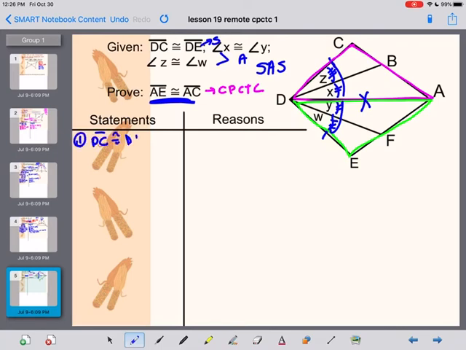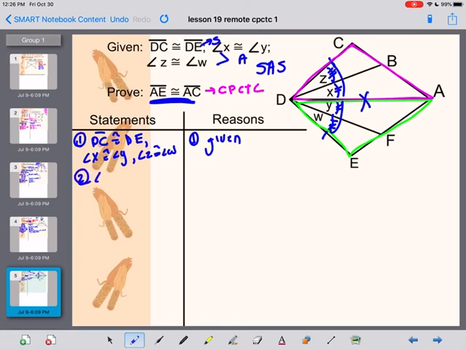DC congruent to DE, angle X congruent to angle Y, angle Z congruent to angle W. So I'm going to start by doing the addition postulate to add the angles together to get the congruent whole angle. Again, everybody writes addition a little bit differently, so if you've learned it slightly differently, I do apologize. This is the way that I write addition.